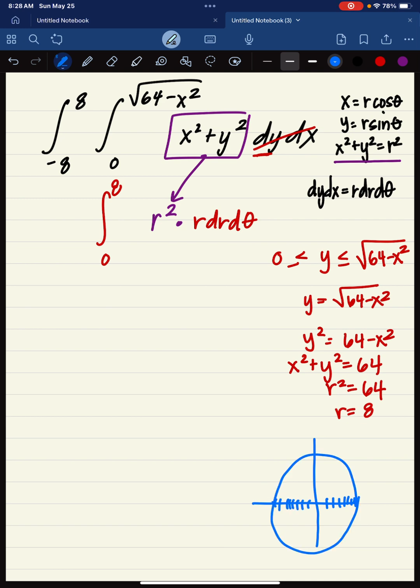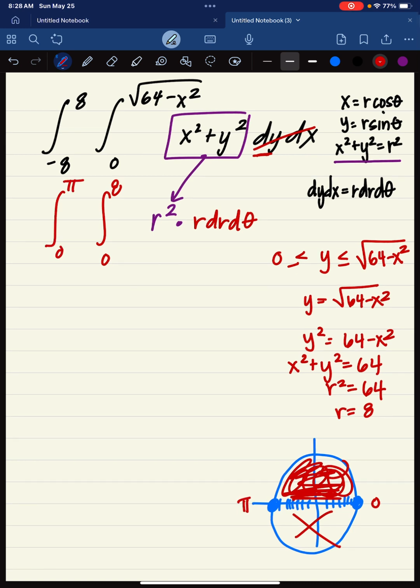Something like that. All right, so x goes from here to here. And it tells me that y, again, is greater than 0. So it wouldn't be down here, it'd be here. So again, if this one goes from here to here, that's going to be 0 to pi.